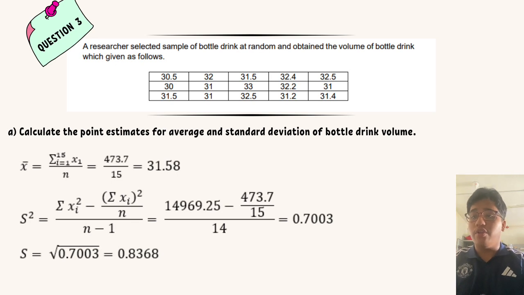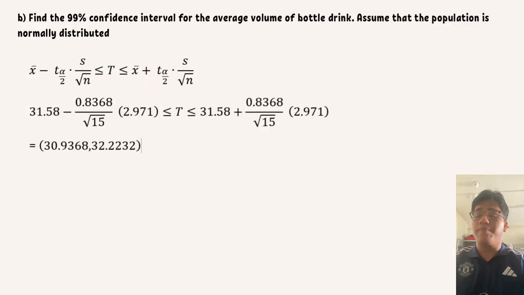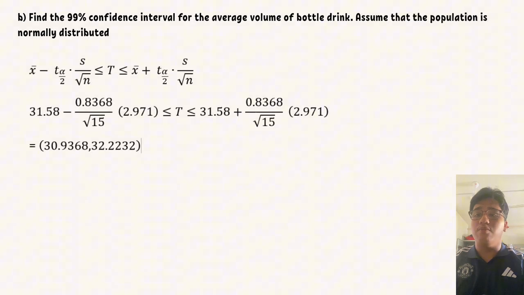Then we find the standard deviation, using the variance formula: sum of xi squared minus sum of xi squared over n, over n minus 1. Then we get 0.7003. But since we want the standard deviation, we take the square root of the answer, which gives 0.8368.